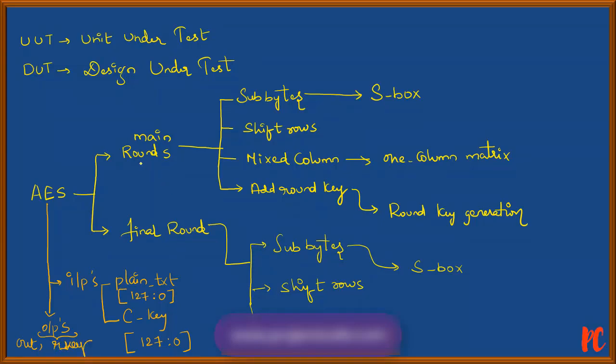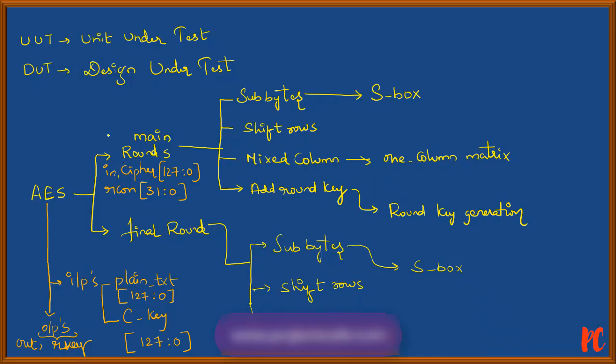Now talking with respect to main round, we must declare the input and the cipher as 128 bit, so 127 down to 0. Along with that, we need to have a predefined table, Rcon, with 32 bit, so 31 down to 0 I'll be taking.